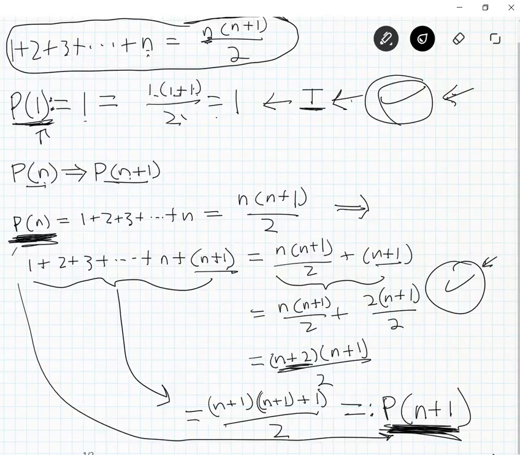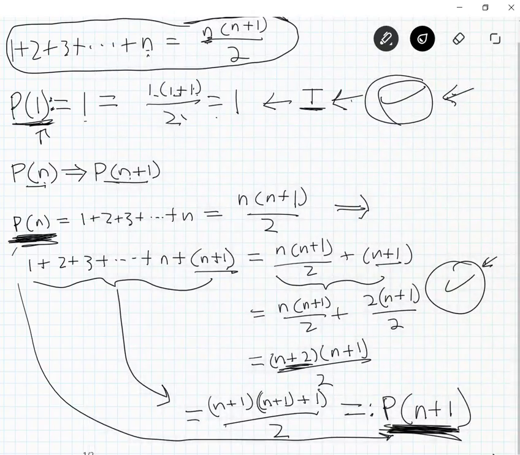Each of these steps is needed. So why is the first step needed? Let's look at the second step first, why the second step is needed.